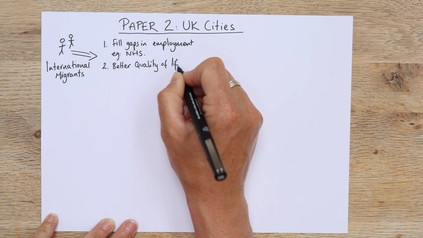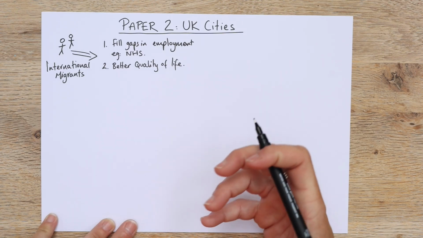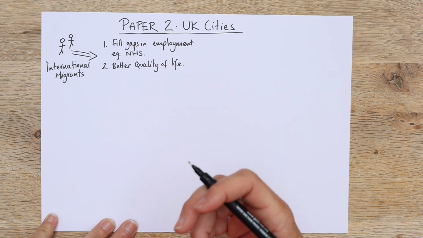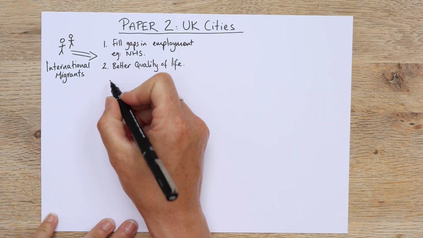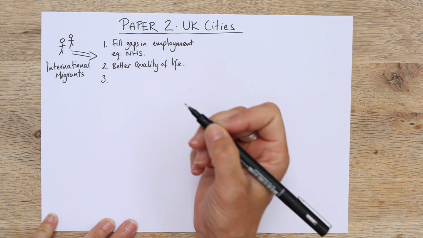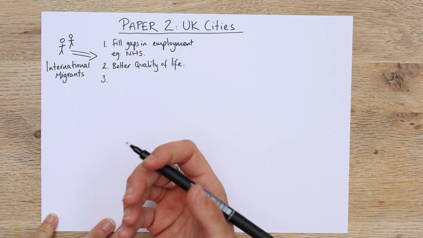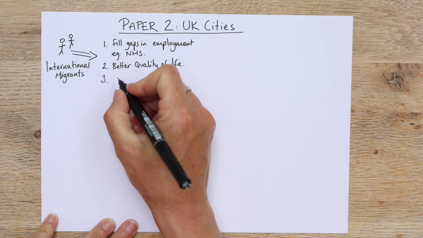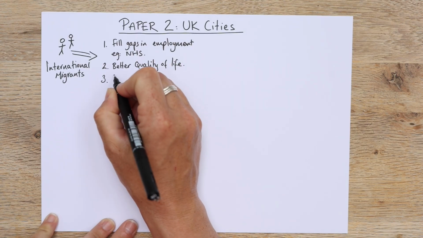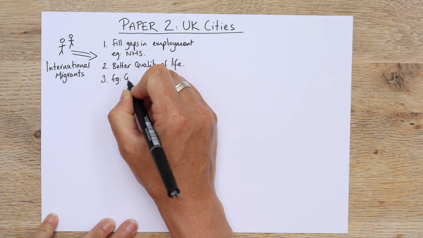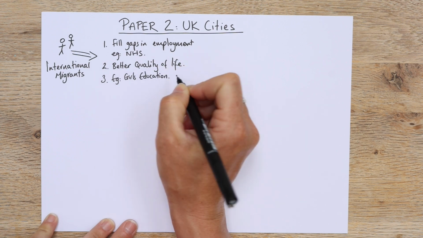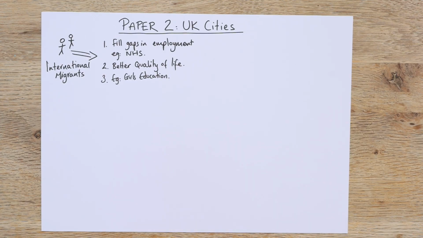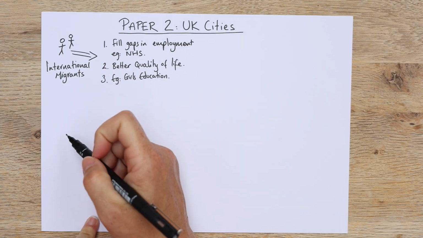So things like just being in a safe society, having access to education, healthcare, that kind of thing. I mention education because in some countries education isn't valued, particularly for women. So let's put for number 3, for example, girls' education. So they might come hoping to improve their family's life, make things better.